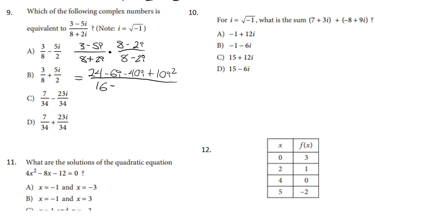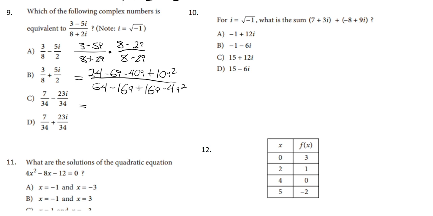8 times negative 2i. Oh, I messed up here. 8 times 8 is 64. Then minus 16i. 2i times 8 is plus 16i. 2i times negative 2i is negative 4i squared.